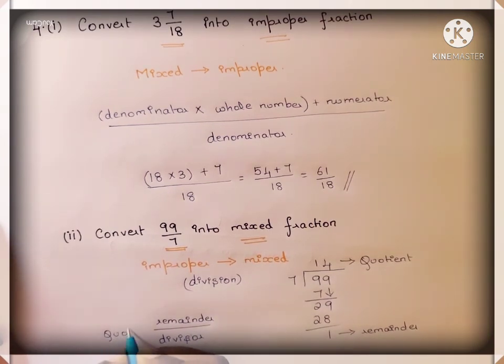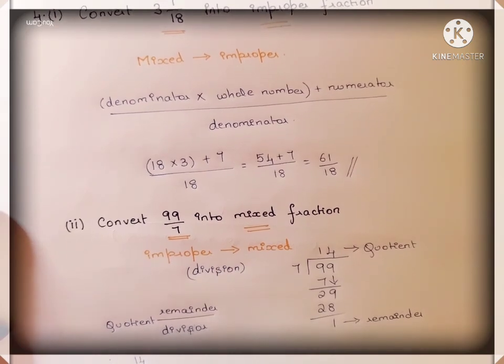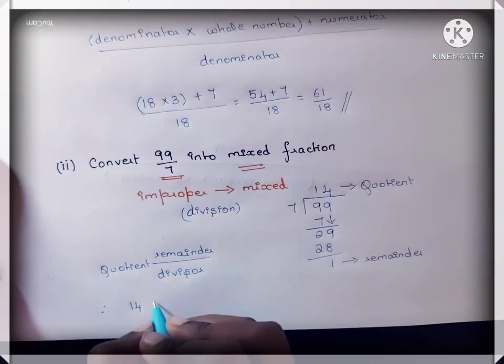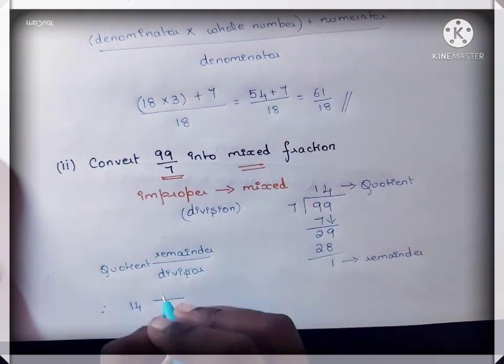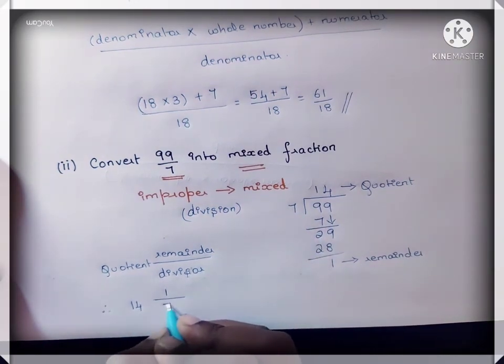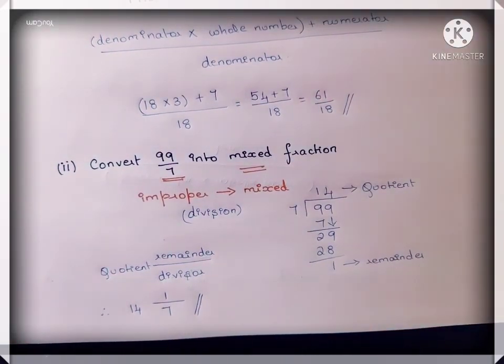And in the place of the whole number, we need to place the quotient. In this particular question, the quotient is 14, the remainder is 1, and the divisor is 7. So we have 14 as the whole number and 1 in the numerator and 7 in the denominator. This gives us the mixed fraction we have to find.